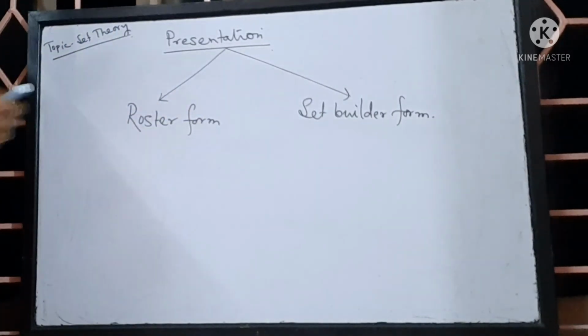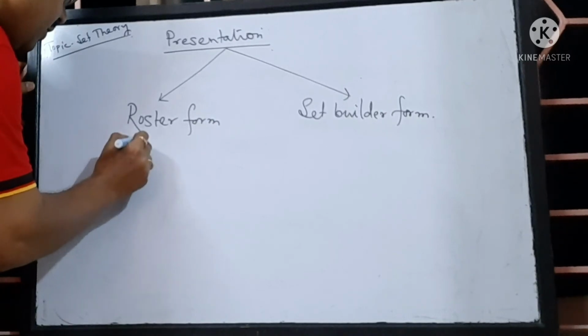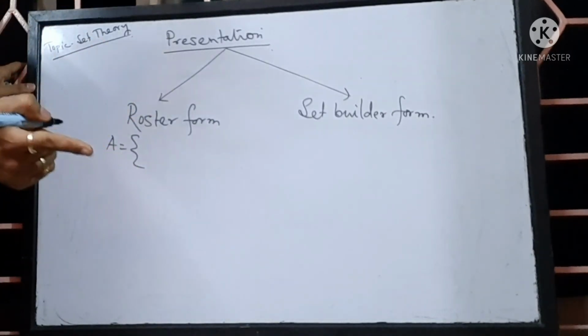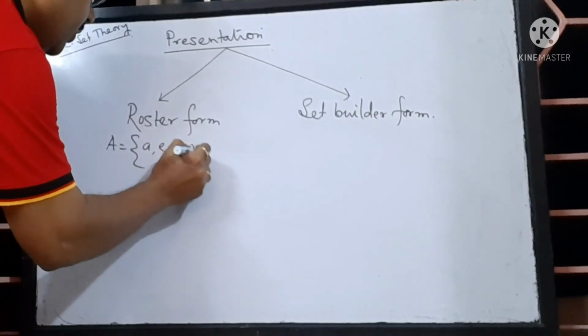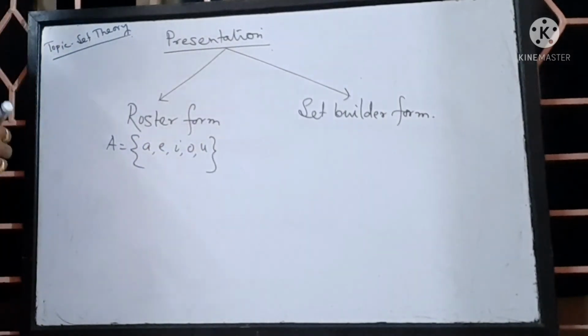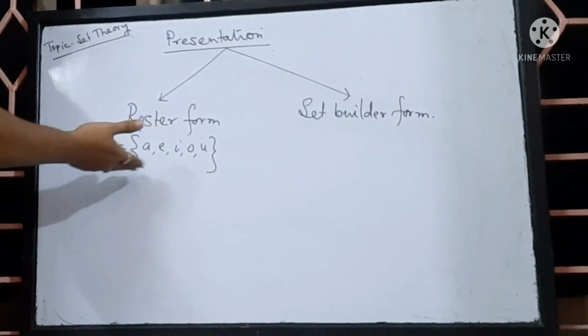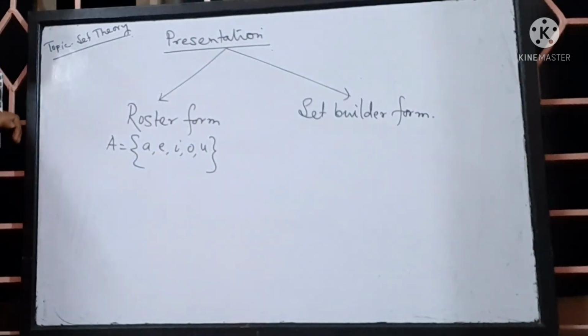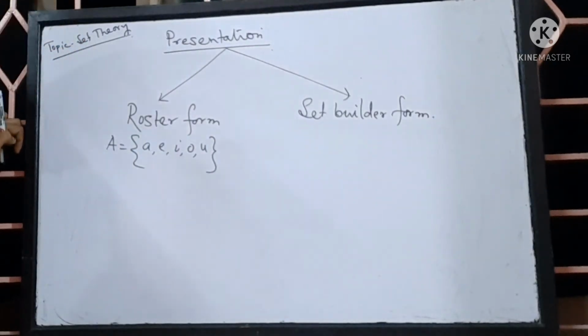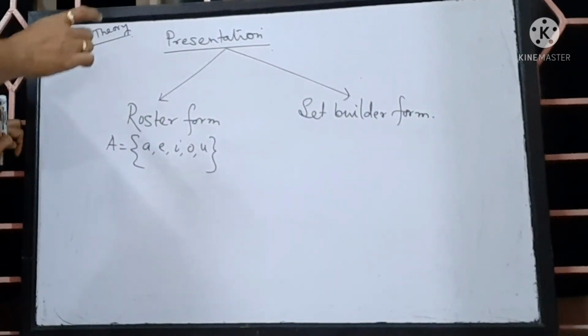We have already stated a set, the set of vowels A, E, I, O, U. This is the roster form, when all elements are written within curly brackets.